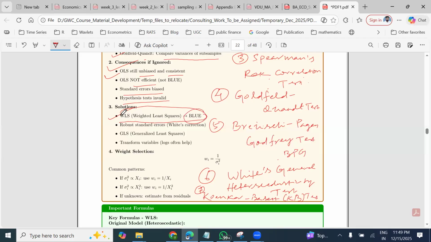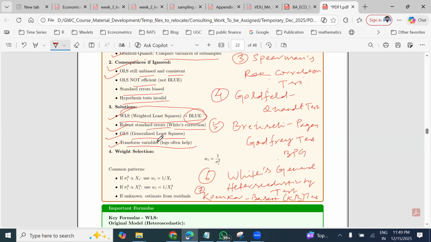This you should not forget. Then you can use robust standard errors, which is also very important, White's correction. Then you can use GLS also. Fourth, you can use logarithmic transformation also.